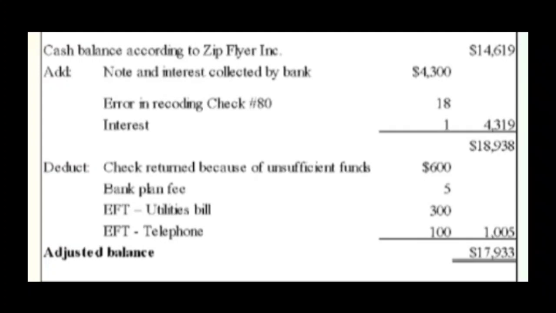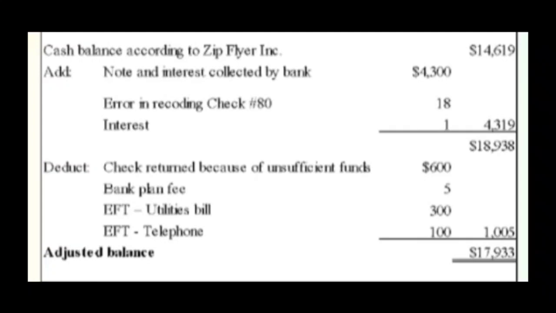This collection has been made by the bank on behalf of the company, so the company shall add this 4,300 as well to get the equal balance as the bank. Then error in recording the check number 80.